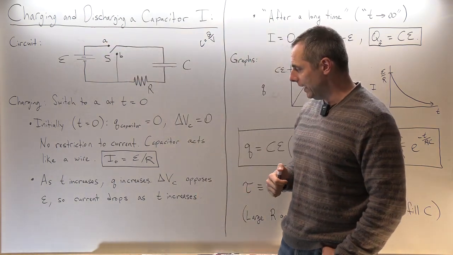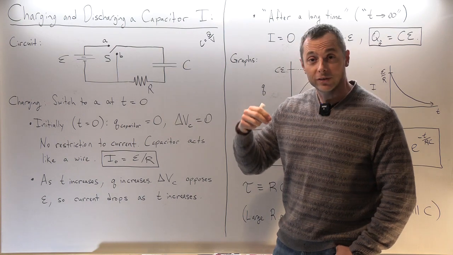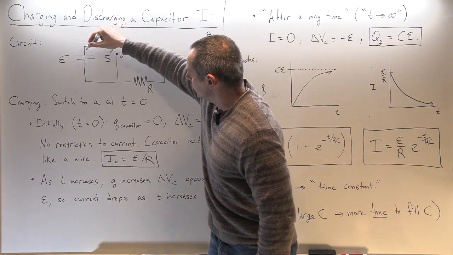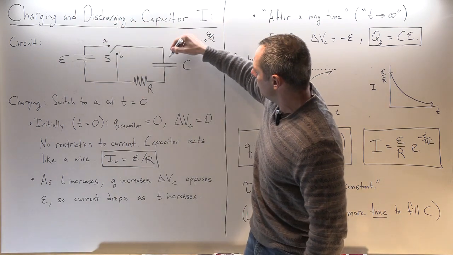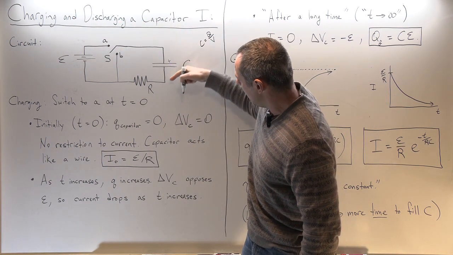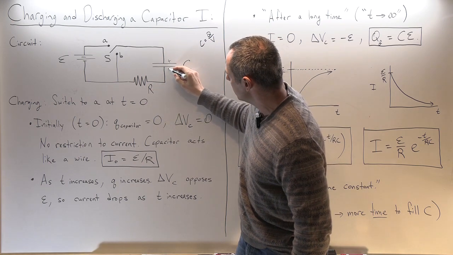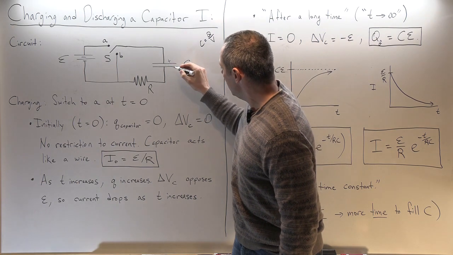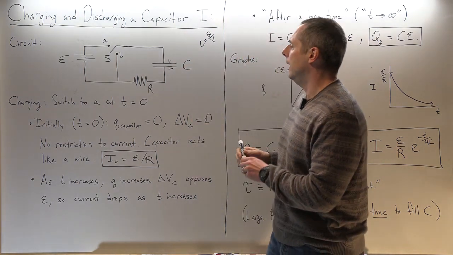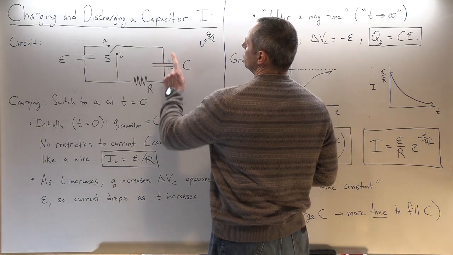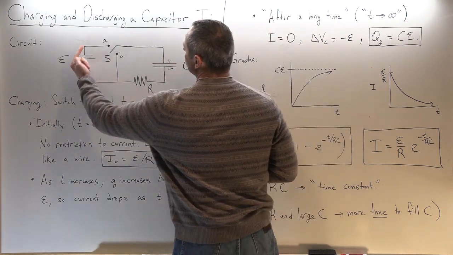However, as time goes on, this capacitor will start building up charge. The plus is coming out of this side of the battery and coming off this end of the capacitor, leaving the capacitor plates like this, plus and minus. Now, if you think about that, that's creating a voltage driving current this way, while the battery's driving it this way.